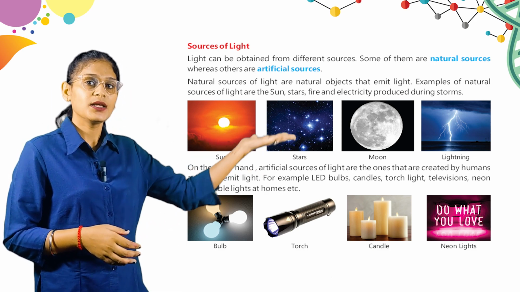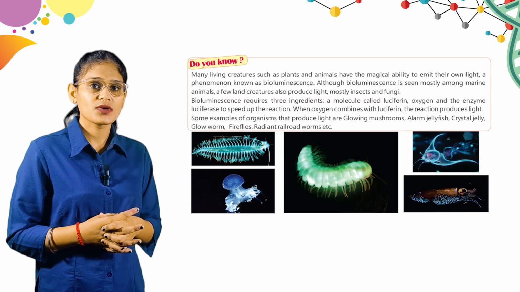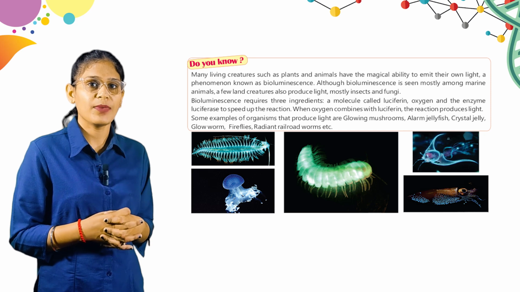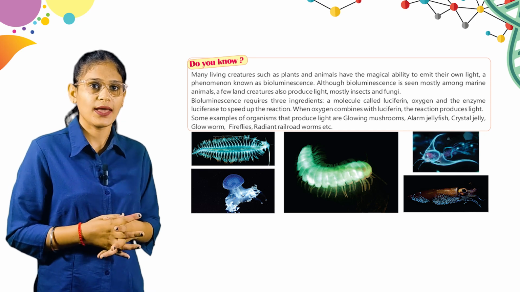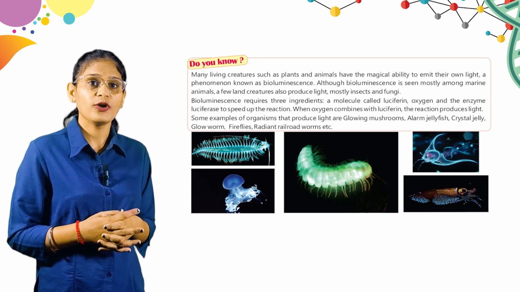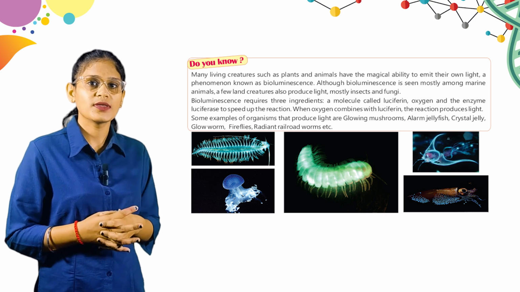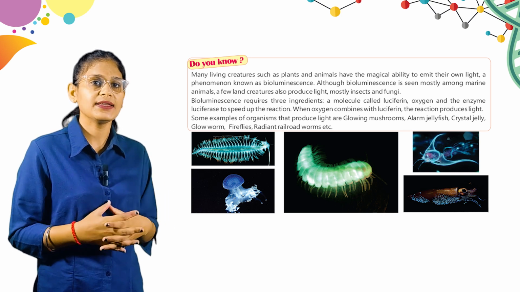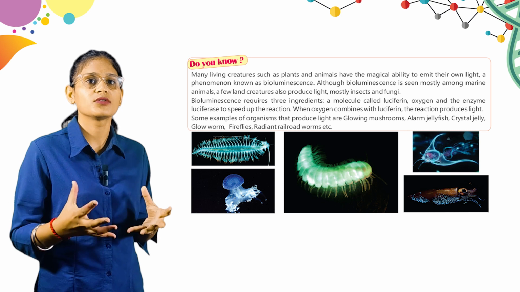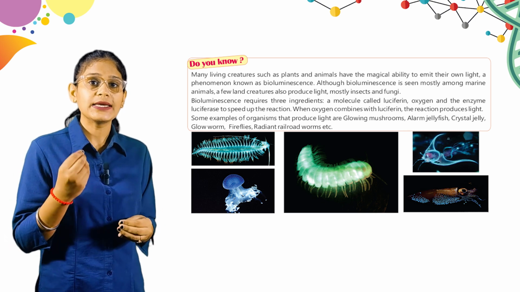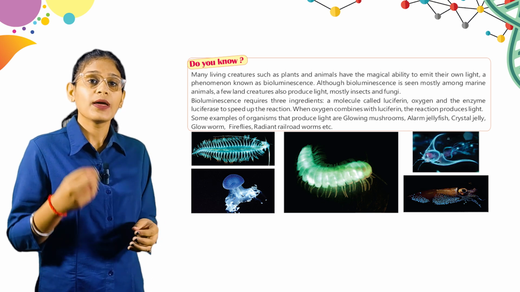torch, candle, neon lights. Here, do you know, many living creatures such as plants and animals have the magical ability to emit their own light, a phenomenon known as bioluminescence. Although bioluminescence is seen mostly among marine animals, a few land creatures also produce light, mostly insects and fungi.